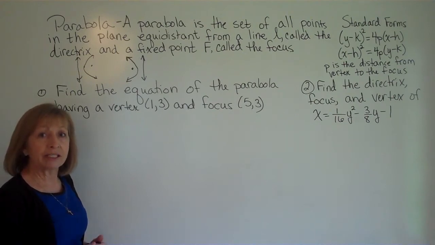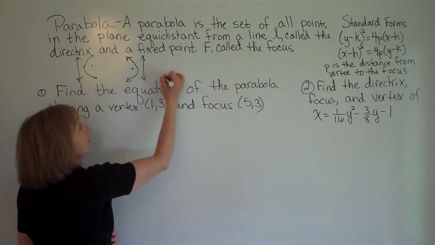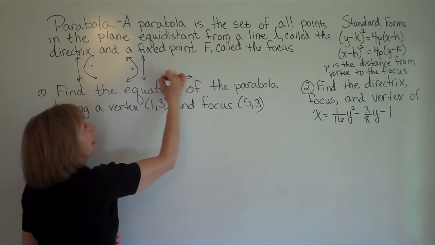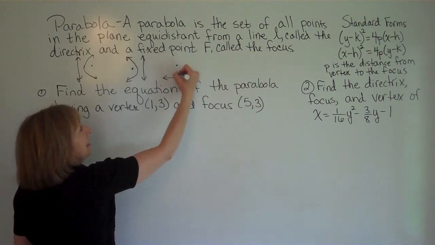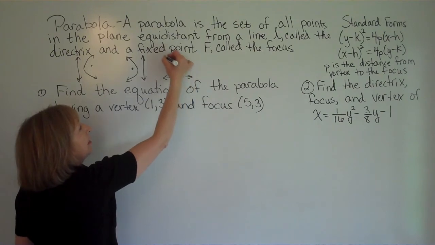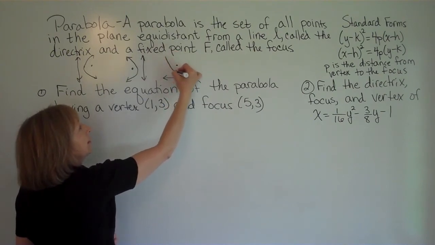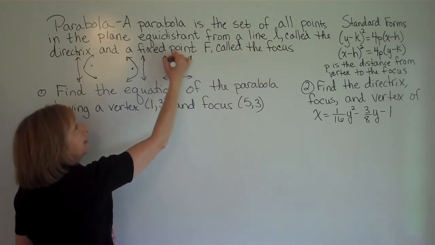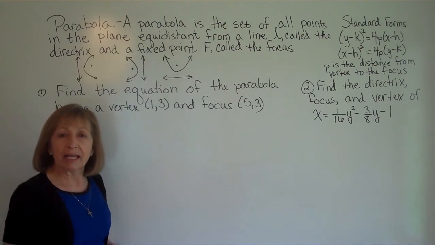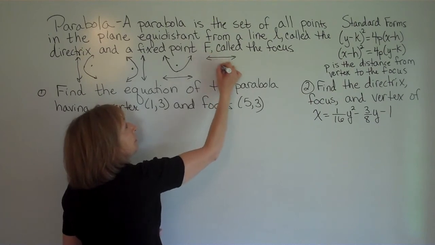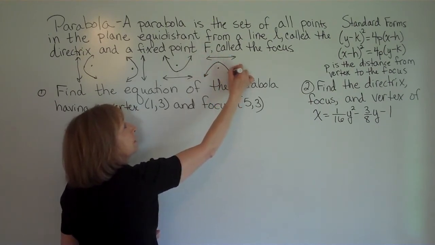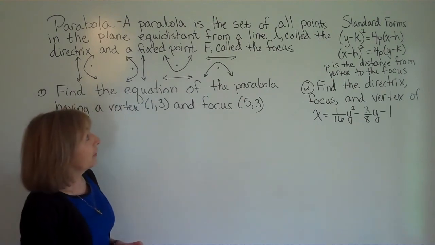If my directrix is horizontal and my focus is above the directrix, then equidistant between here, I'd have that point where my vertex is, and it would curve that way. If my directrix was horizontal and my focus was below it, getting your equidistant, you get your parabola going down that way.